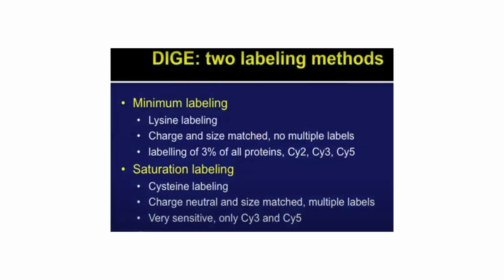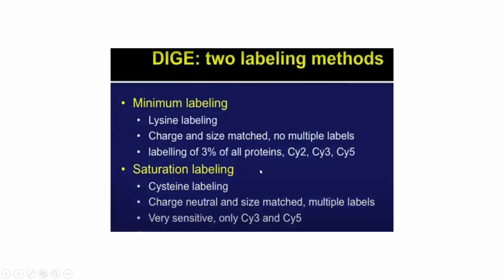So what this labeling does is that these specific dyes bind with lysine or cysteine. Minimum labeling basically tries to bind with lysine, and it's called lysine labeling. Similarly, charge and size are matched, and no multiple labels can be done. That's how this labeling is done, and it labels around 3% of all proteins.